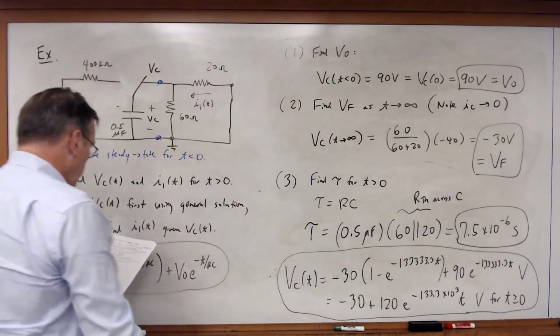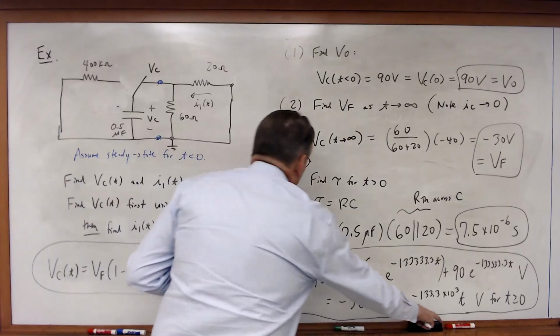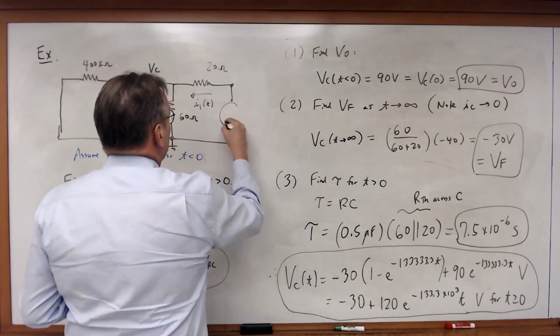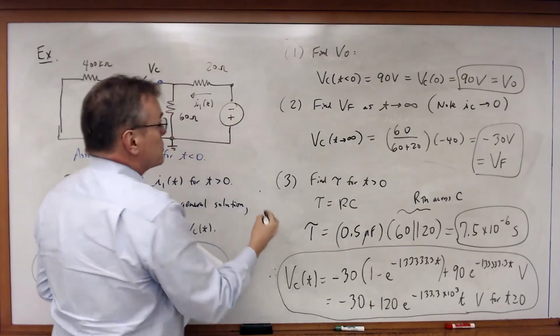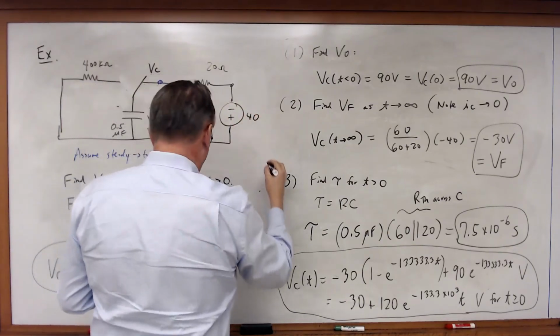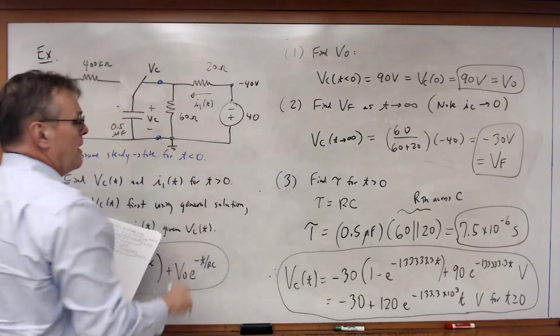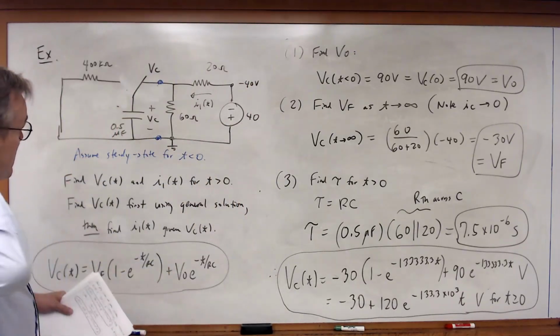What is I1 equal to? Well, let's go back and calculate I1. In order to do that, I'm going to put my voltage source back in. So this is minus 40 volts. I've calculated VC.